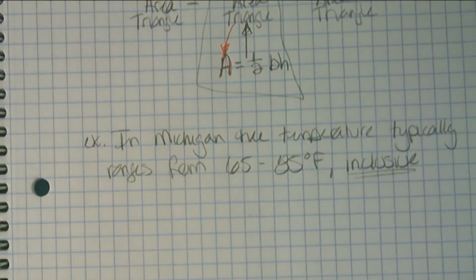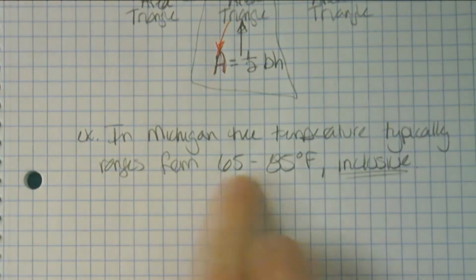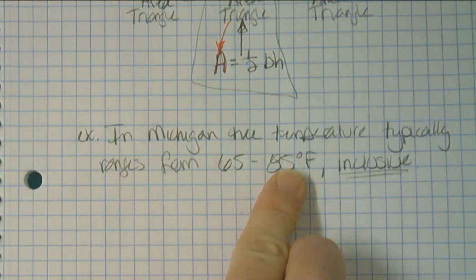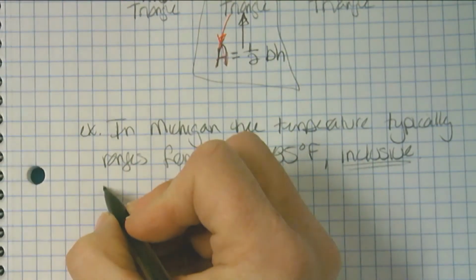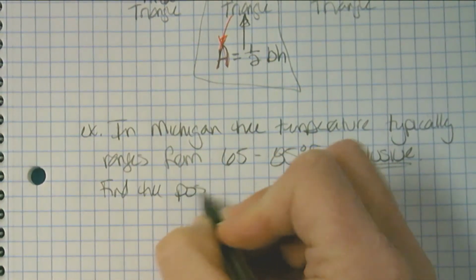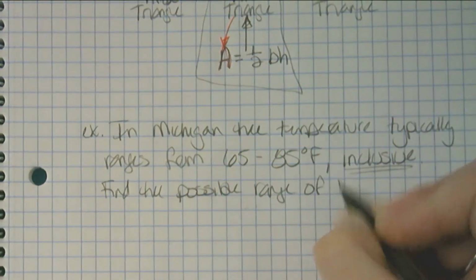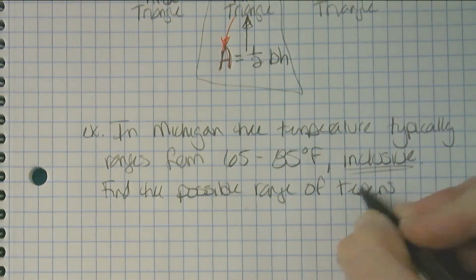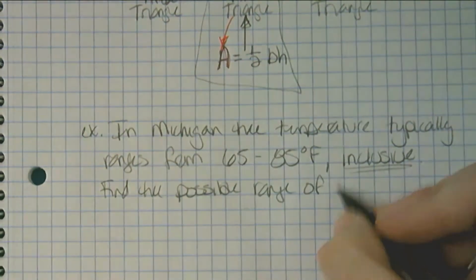That means that those values are included in there. Inclusive means that it includes 65 degrees and it includes 85 degrees. Okay. I want you to find the possible range of temps in degrees Fahrenheit, in degrees Celsius.